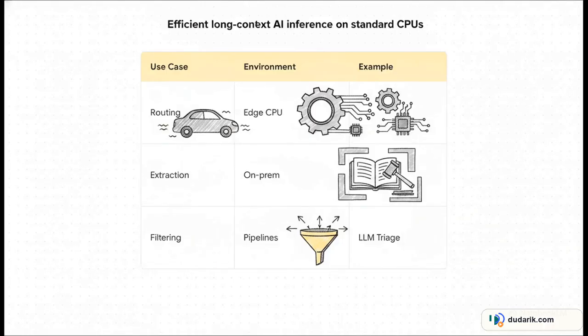Digging through their documentation, it's fascinating how perfectly these models map to highly constrained environments. Since you don't need CUDA or GPUs, you can run serious AI workloads securely on the edge. I'm talking about a car's onboard computer or an industrial controller handling intent routing. Or think about regulated on-prem environments, like healthcare or legal networks, where data absolutely cannot leave the premises.